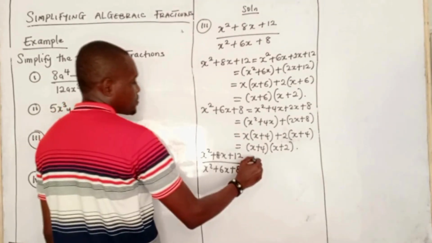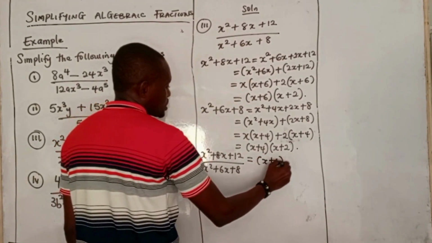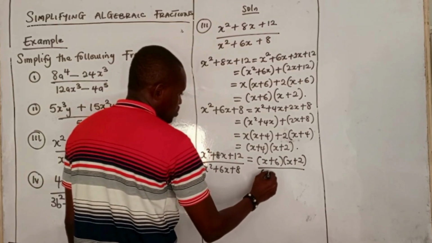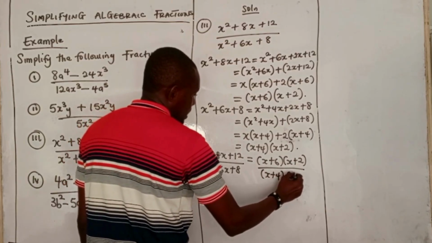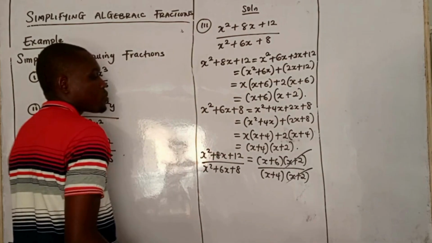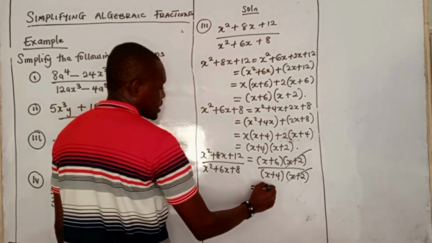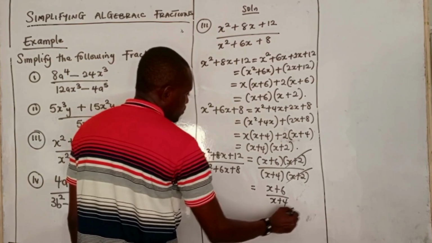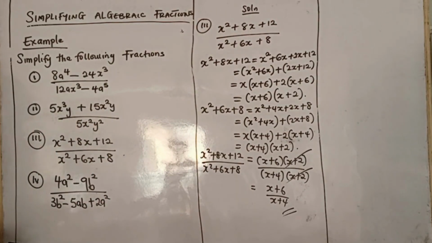The first one has been factorized to be x plus 6, then x plus 2. The other one too has been factorized to be x plus 4, then x plus 2. So what happens? The x plus 2 is common, so they cancel out. Our final answer will now be x plus 6 all over x plus 4. So we have been able to answer that one.